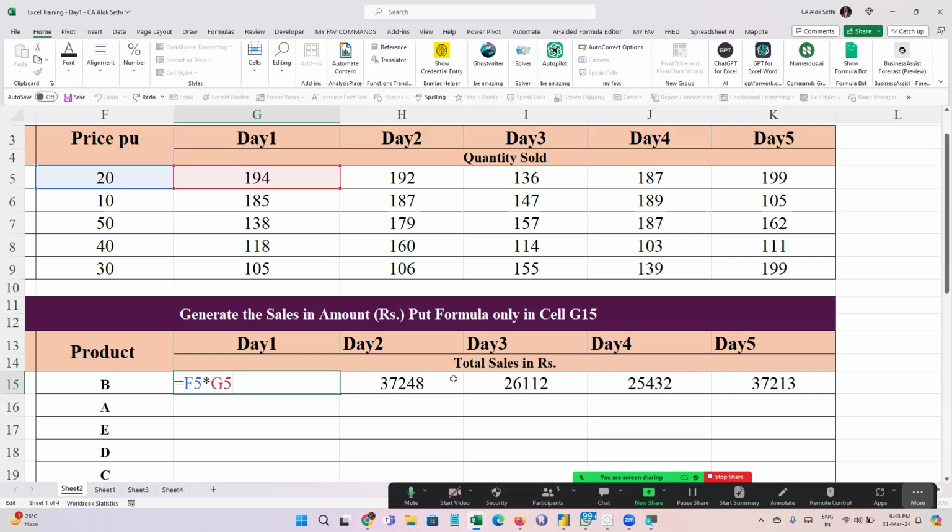So when I drag the formula towards the right, or copy paste the formula towards the right, the cell reference, what I mean by reference is this F5 and G5, has become G5 to H5. Because I had selected these two cells, when I move one step ahead, this reference also moves in the same direction.